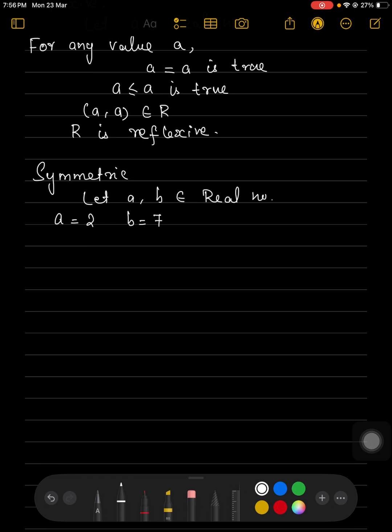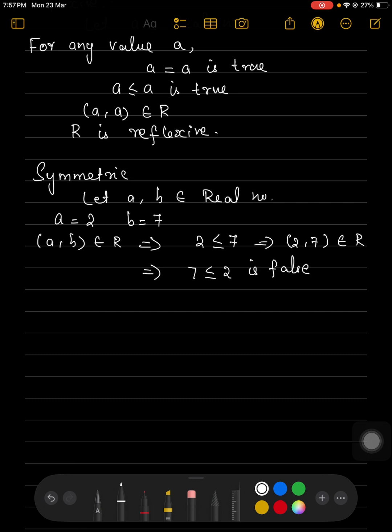This implies (2, 7) is seen in relation. But what about the reverse? 7 less than or equal to 2 is false. It's not true. This implies (7, 2) is not in relation, or I can say (B, A) is not in relation. Therefore, R is not symmetric.